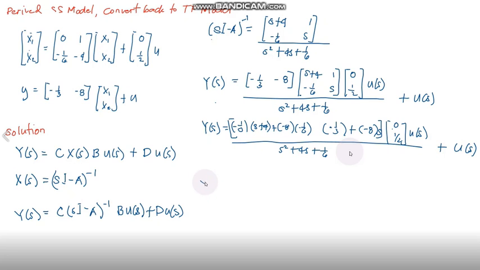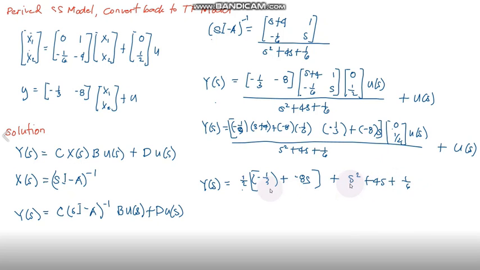Simplifying further, we multiply again this matrix with this, and this times 0 becomes 0 for this element. And so we will multiply the negative 1/3 with 1/2 plus negative 8s times 1/2. So that is 1/2 times negative 1/3, and then negative 8s, all over the denominator.